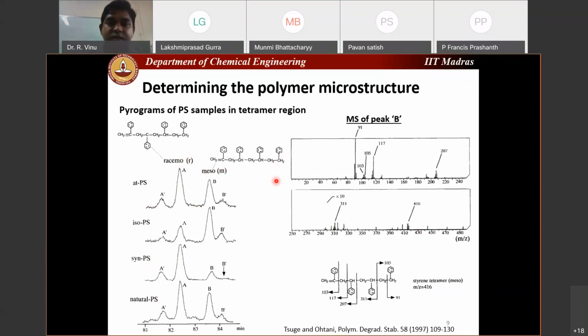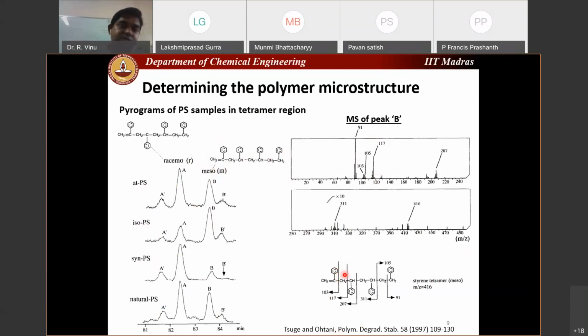So you can see here the total ion chromatogram, and this is the mass spectrum of peak B. If you click on a peak in a typical GCMS, you can see the typical MS of the peak, and it corresponds to the different fragments from the scission of various bonds present in your tetramer sample.